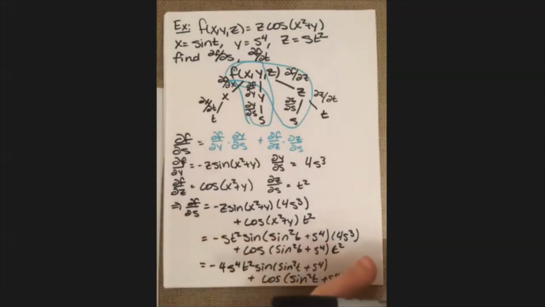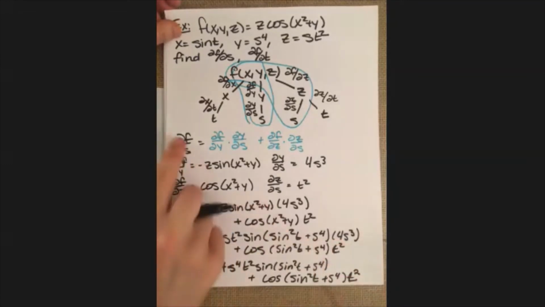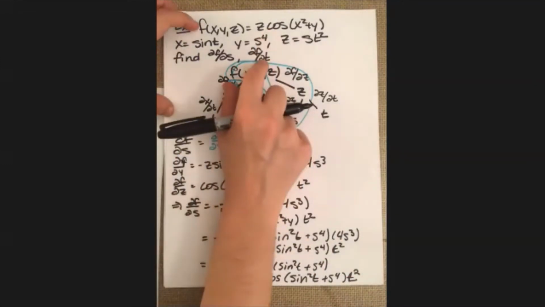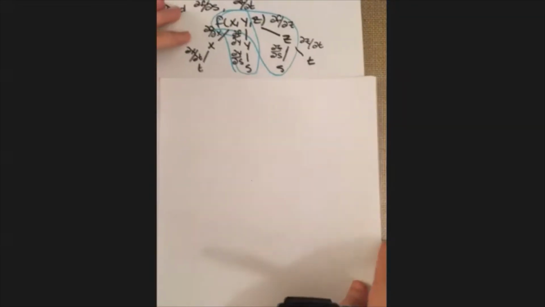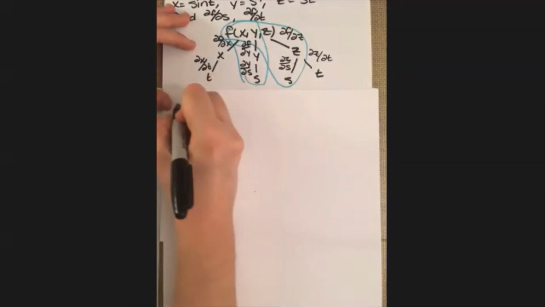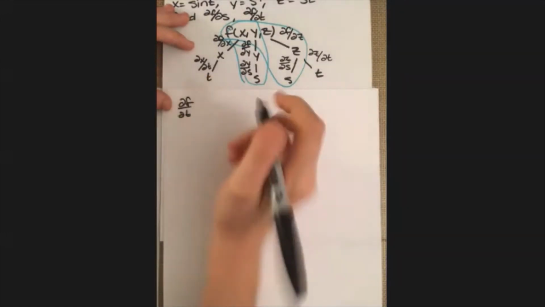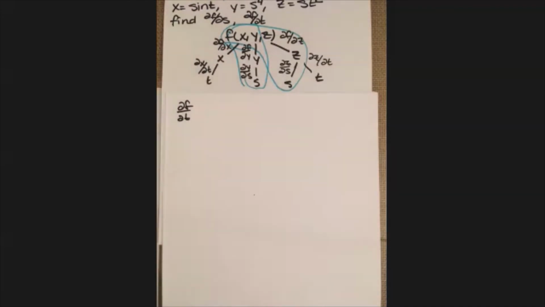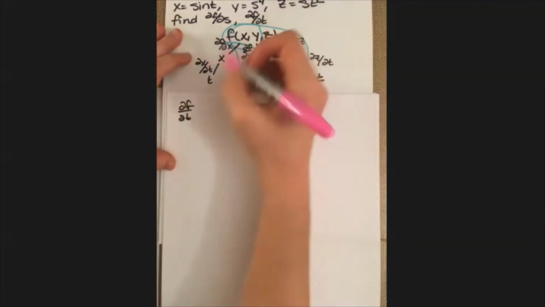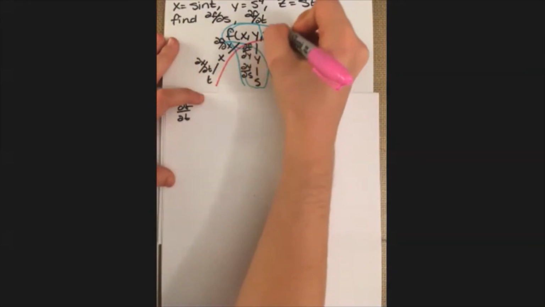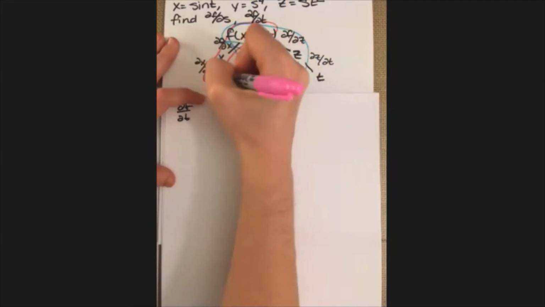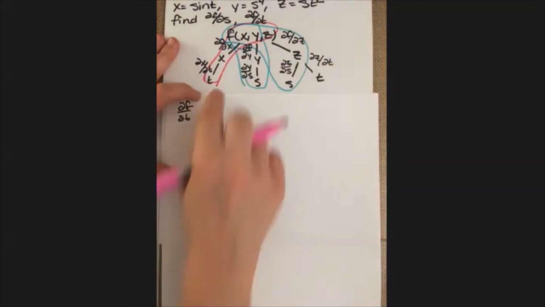All right. So that was df ds. Let's do df dt next. All right. So df dt. Looking at this diagram here, I'm going to want to go from f down to t, or over here as well. So first we have this one right here.